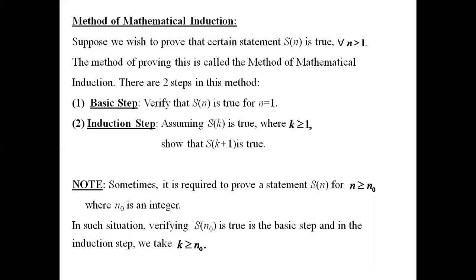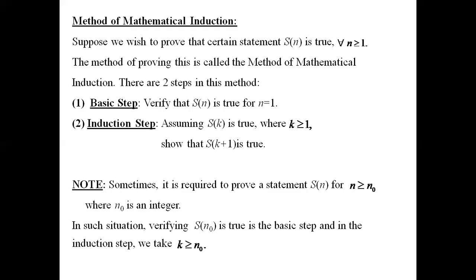So while defining the definition of mathematical induction, we saw that in general, n will be greater than or equal to 1. If so, we follow the basic step and the induction step as indicated. Sometimes we need to prove the result for n greater than or equal to n naught, where n naught is some integer.